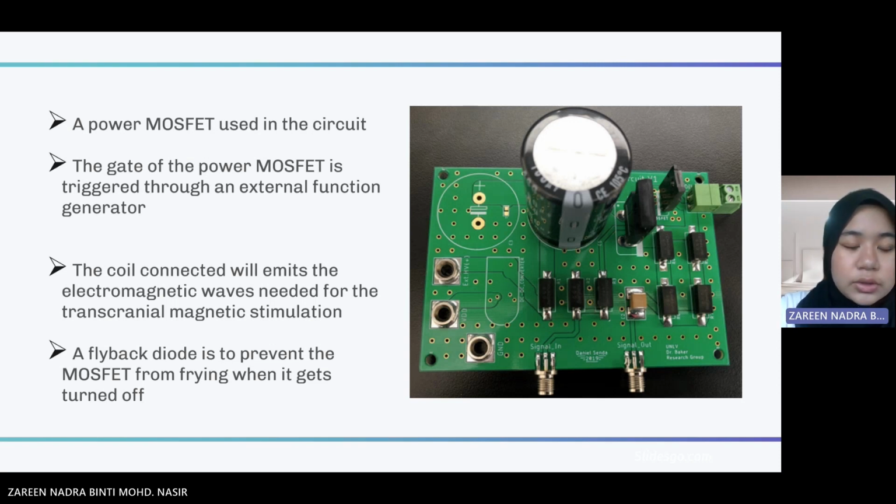Also, there is a flyback diode to prevent the MOSFET from frying when it gets turned off. So now we can see that the power MOSFET is very important in a medical device such as transcranial magnetic stimulation, as it is used as a power switch to conduct the functions of the device.